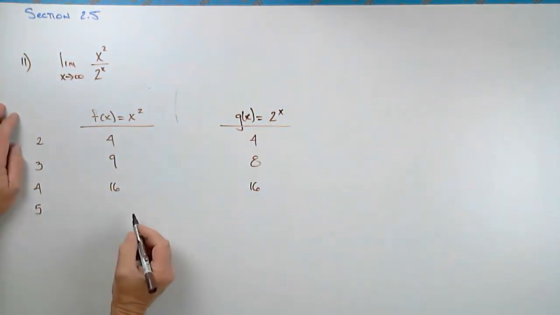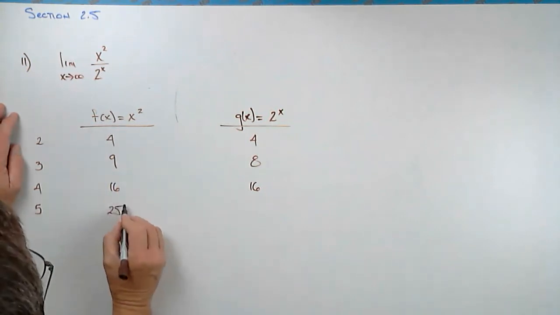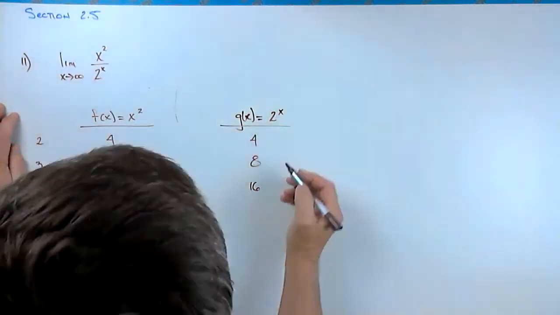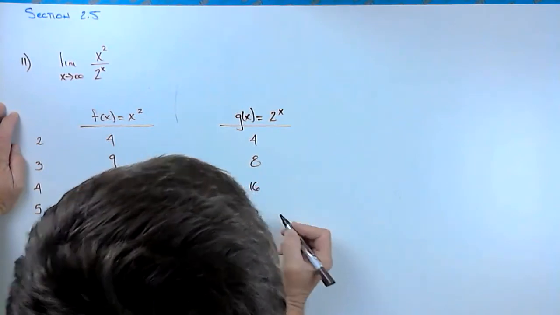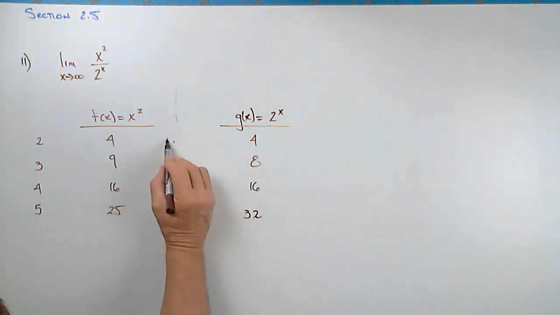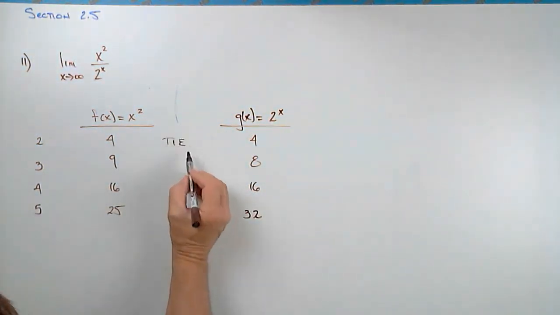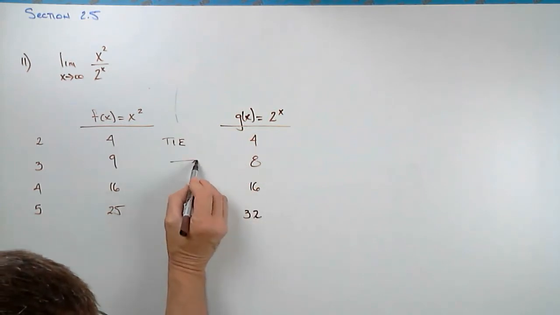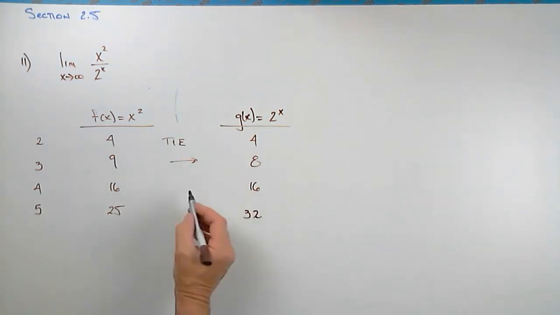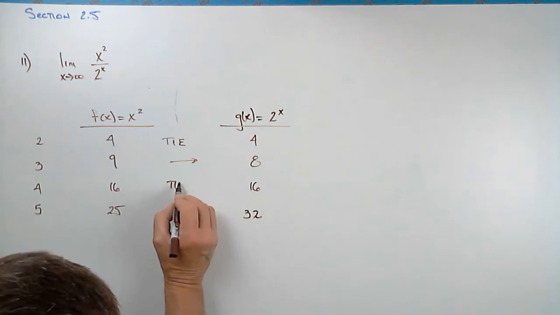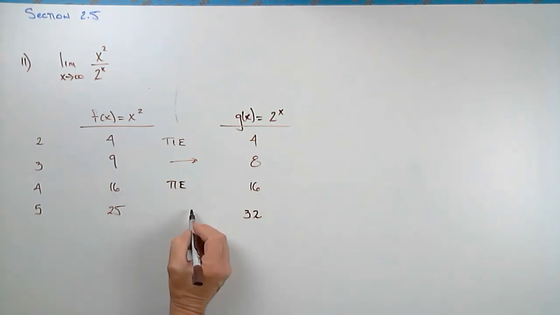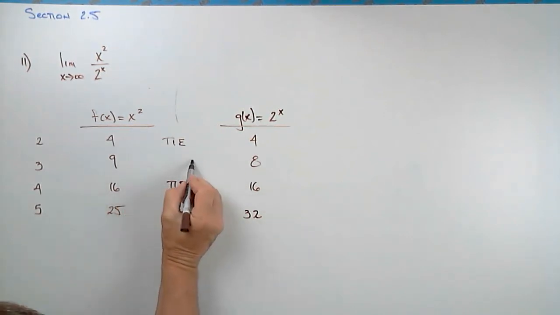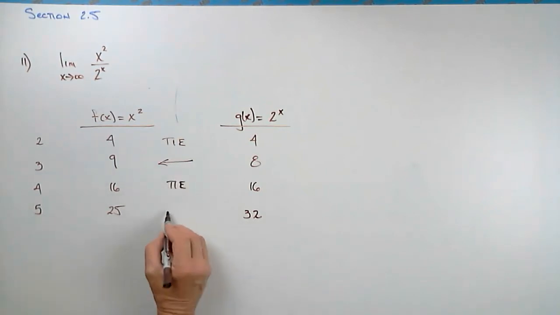What about 5? 5 squared is 25. 2 to the fifth is 32. So we had a tie here, and over here this one was bigger, so we'll point the arrow that way. Over here we had a tie again. This one is bigger, so we'll point the arrow that way. Over here, this one is bigger.